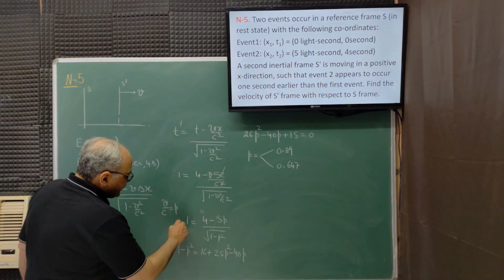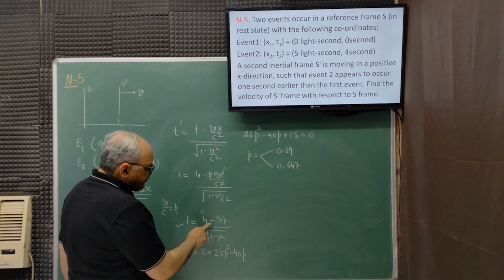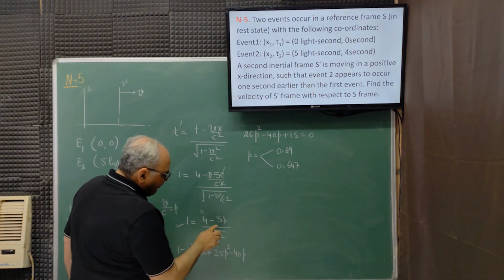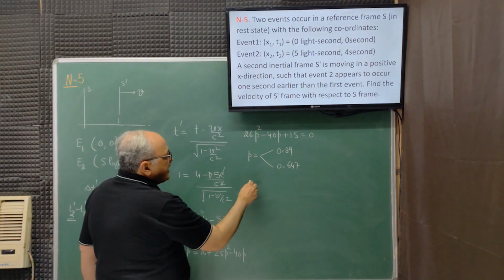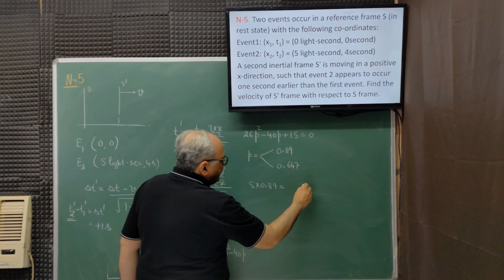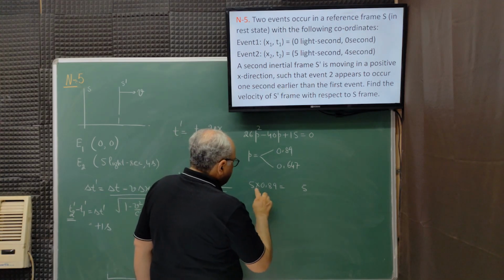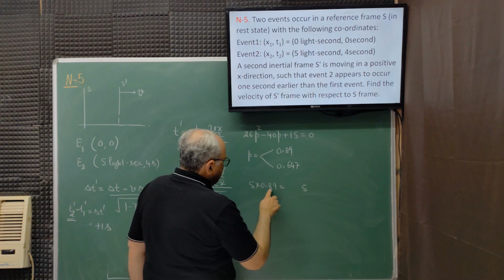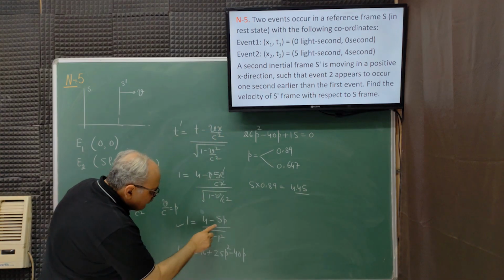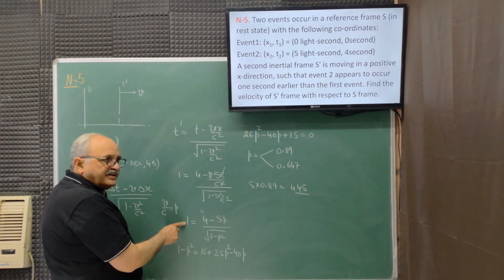Let's look at this equation. If I look at 4 minus 5p, and I use 0.89 here for p, 5 into 0.89 gives me 4.45, and 4 minus 4.45 makes it negative, while this difference is positive.